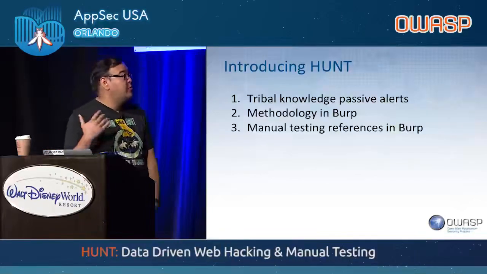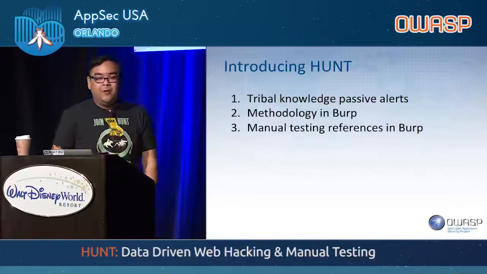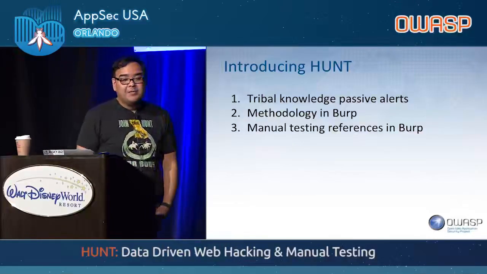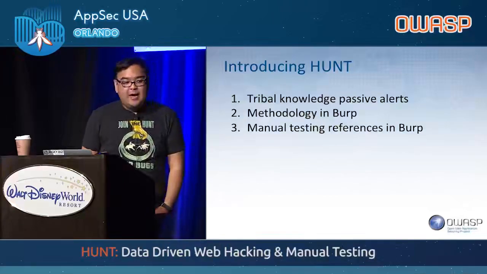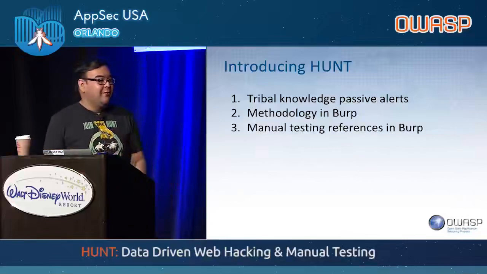And I also put in a methodology within Burp itself. So if you're a pen tester and you're going through a methodology, you can actually do all of that within Burp. Burp doesn't have that out of the box. So that's something that I wanted to build in there because context switching is hard when it comes to doing your reporting. You have to copy and paste everywhere, and it gets really messy really fast.